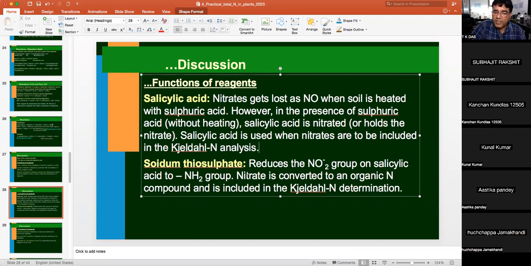Sodium thiosulfate, the same way, reduces the nitro group on salicylic acid to NH2 groups, and nitrate is converted to an organic nitrogen compound and is included in the Kjeldahl nitrogen determination. So nitrate is converted to an organic compound, and then it is broken down by sulfuric acid to ammonium sulfate.